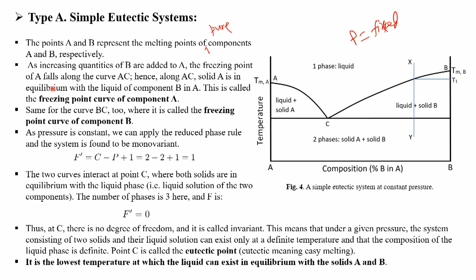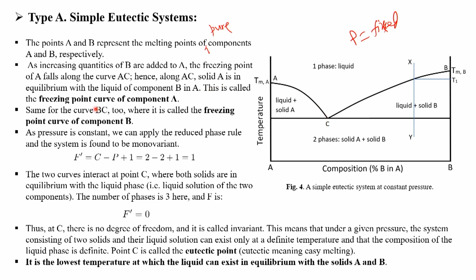The freezing point of A falls along the curve AC. So if we increase the composition of B along this, the freezing point of the compound decreases like this, along AC.